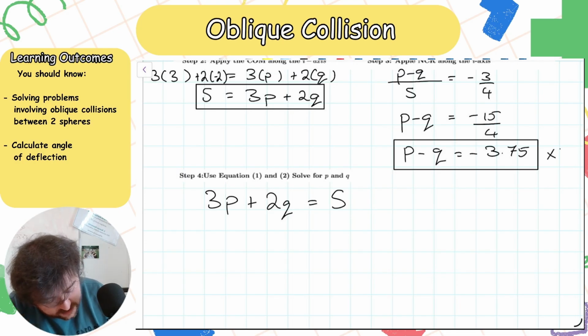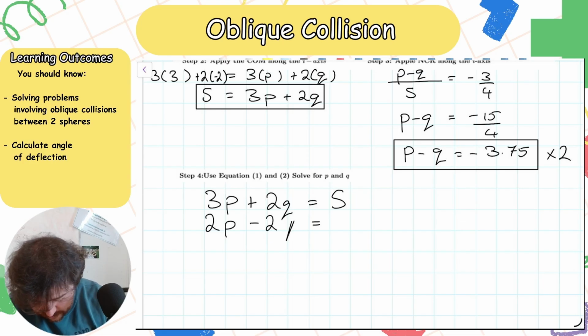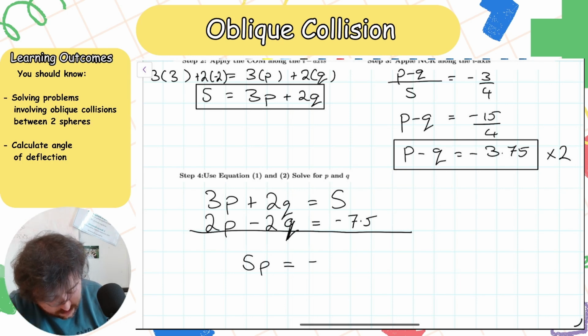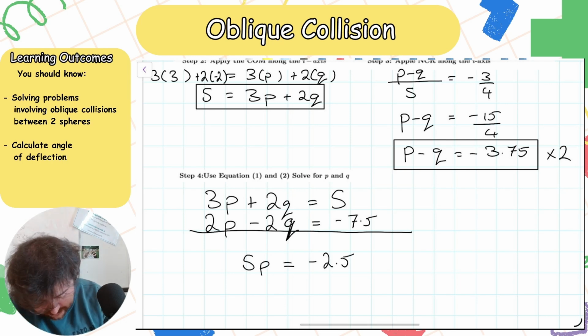Then I'm going to multiply this equation here by 2. I'm going to be left with 2p minus 2q is equal to minus 7.5. Add them up, I'm left with 5p is equal to minus 2.5.